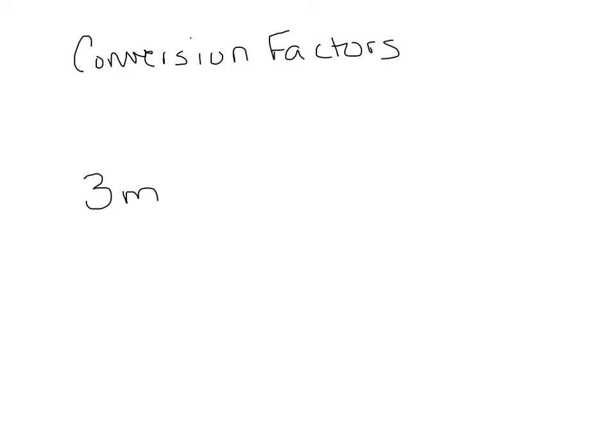What I can also review is something called conversion factors, particularly when I look at this identity property. So if I have something like 3 meters, and I want to know how many centimeters is that, I can say 3 meters.